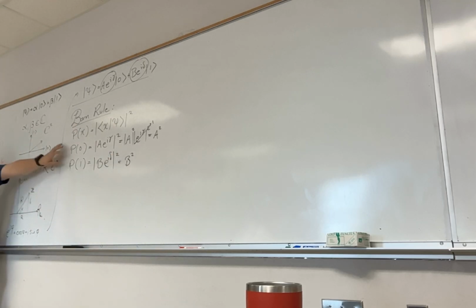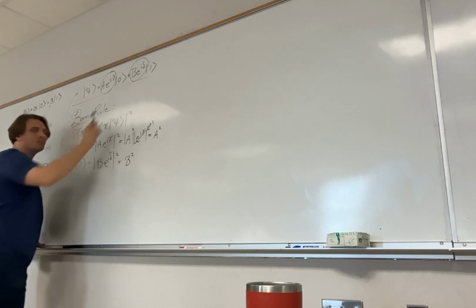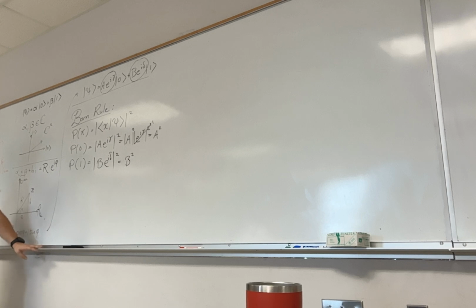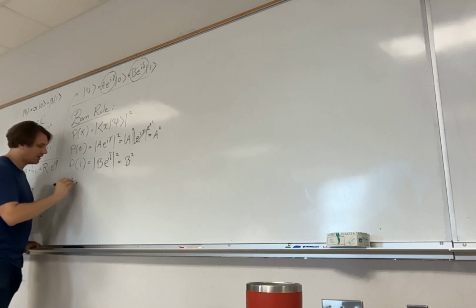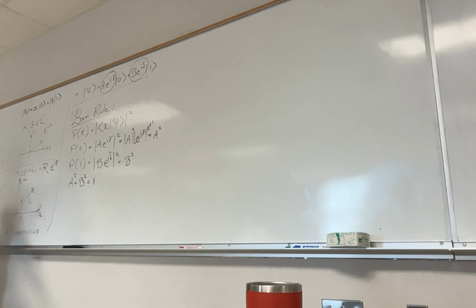These are mutually exclusive and exhaustive, so they should add to 1. Since we either will observe 0 or 1 when we measure it, we have that a squared plus b squared equals 1. To be otherwise would be to say that you have a probability of observing something which is different from 1.